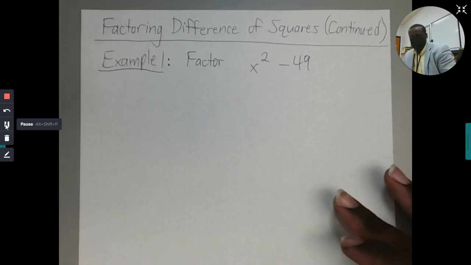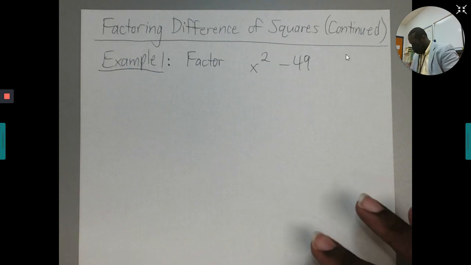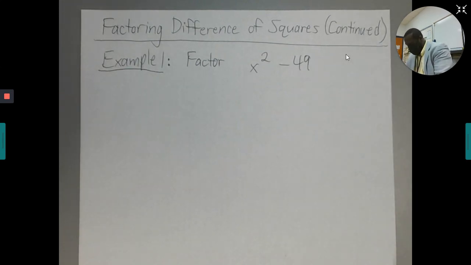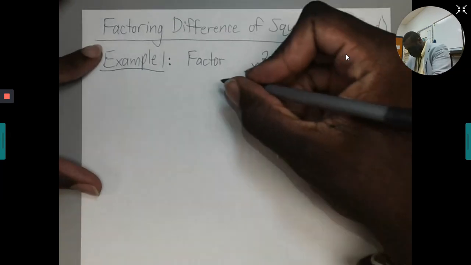Let's say you're asked to factor x squared minus 49. Again, in the previous video, we looked at how to identify whether or not something is a difference of squares.